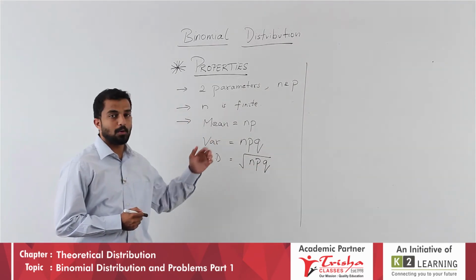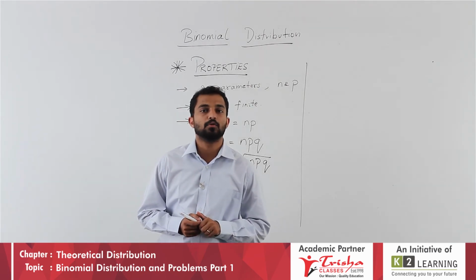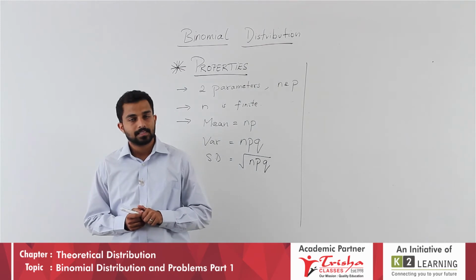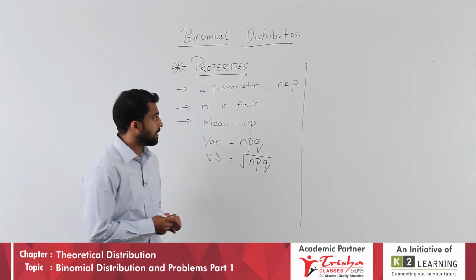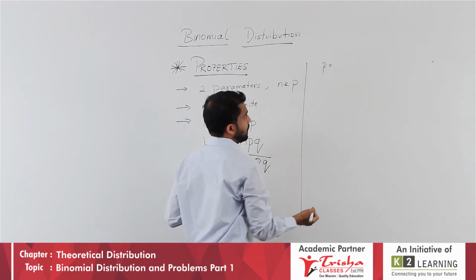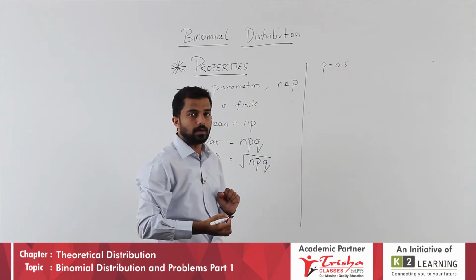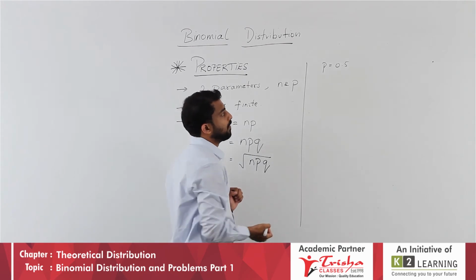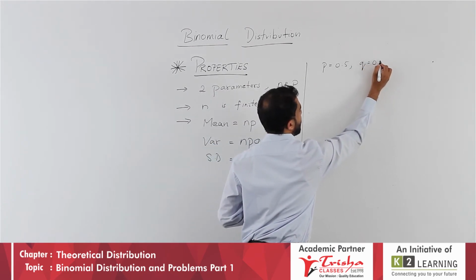The next property we will talk about is symmetry. Now what do we call symmetry? Symmetry is nothing but when things are equal. That means whenever your probability p is equal to 0.5, what will be the value of q? Even q will be equal to 0.5.